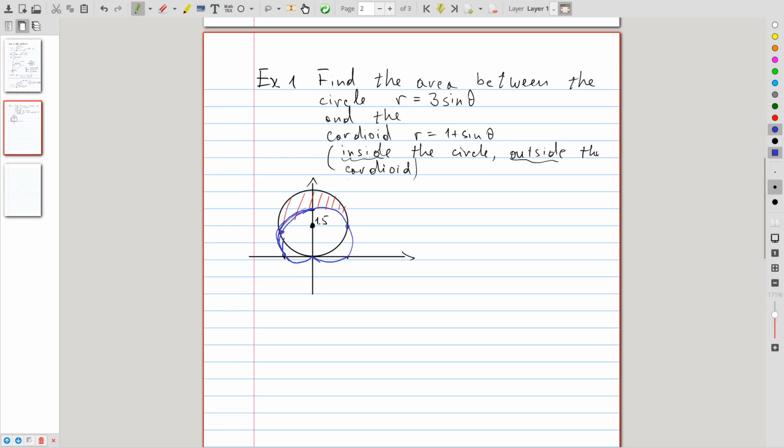Okay, so to find this area, we would like to determine the values for the angle that correspond to it. So we would like to find the range of angles between these two lines.